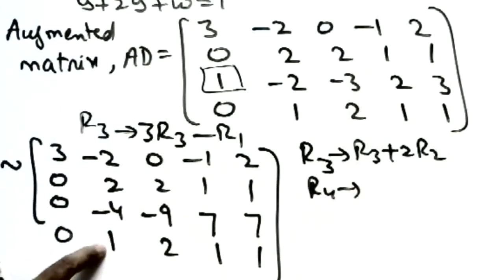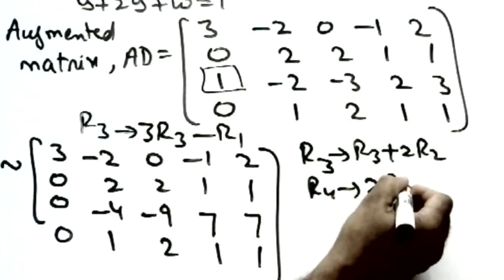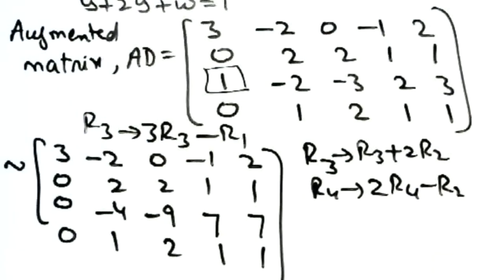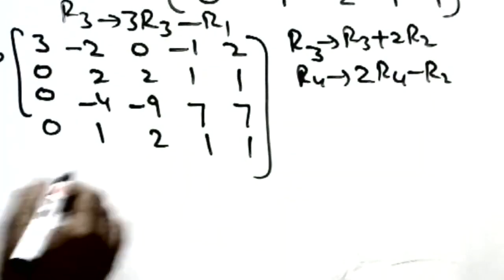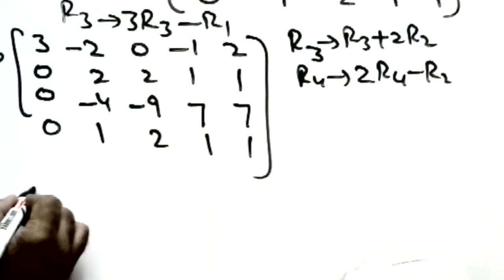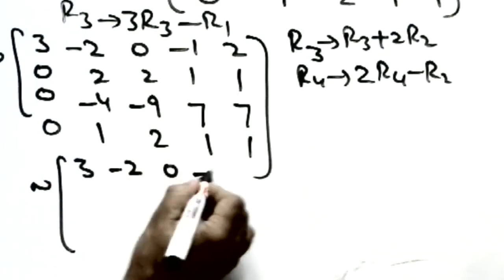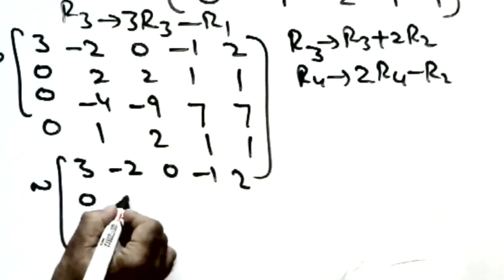Now R4 implies, this is 1, so multiply this with 2. 2 ones are 2, and 2 minus 2 will become 0. So 2R4 minus R2. We are not changing the first row and second row, so we write them as they are. First row: 3, minus 2, 0, minus 1, 2.